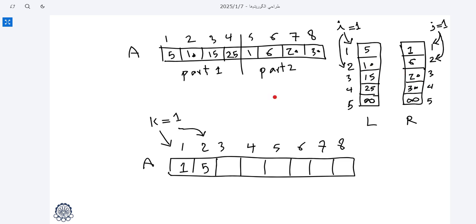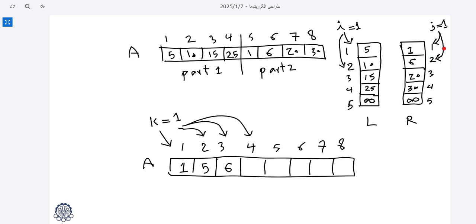Also the index k is increased by 1. Then we compare 10 and 6. 6 is minimum, so 6 is copied and index k is increased.